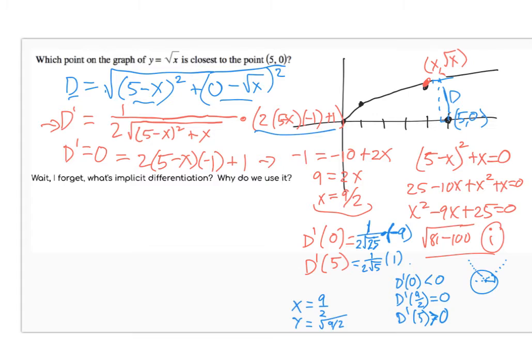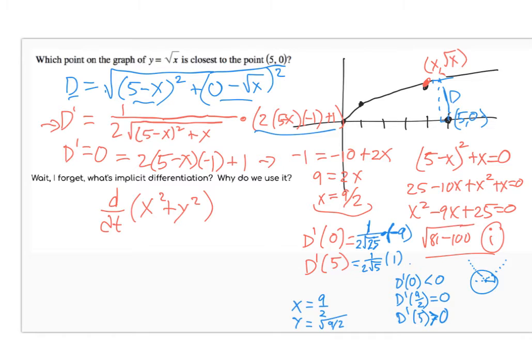The second thing that I want to remind us of is implicit differentiation. We use this to take the derivative of things that are using different variables. So for example, if I wanted to take the derivative with respect to time of something like x squared plus y squared, because we're using a different variable, we have to include the derivative of the function itself within that.